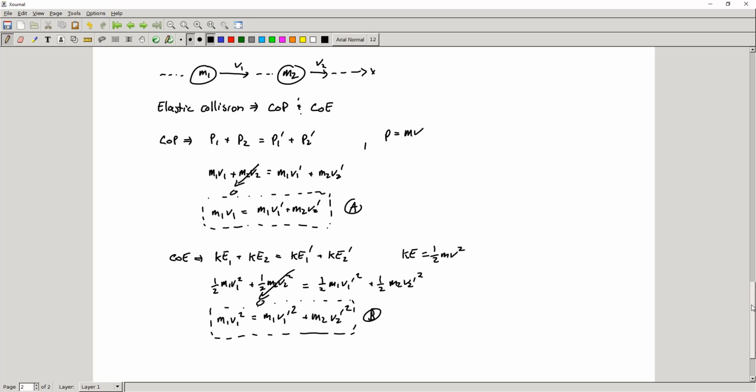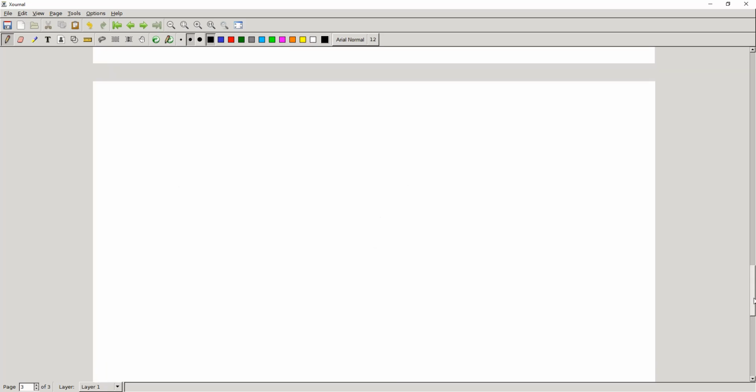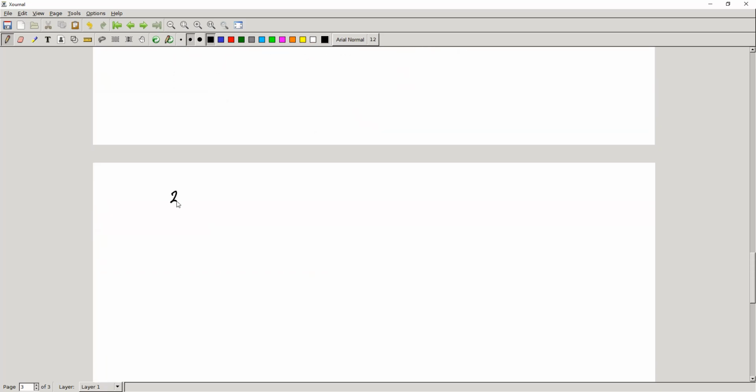So we have 2 equations and 2 unknowns, so in principle this should be a solvable system. Let me get us another page here. 2 equations, 2 unknowns. This tells us that this is a solvable system, okay? And so let's take a look at how we would solve this.